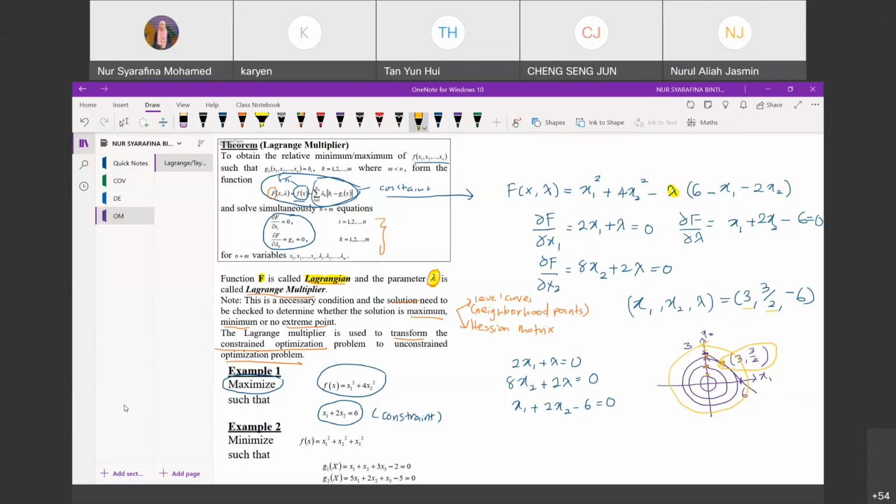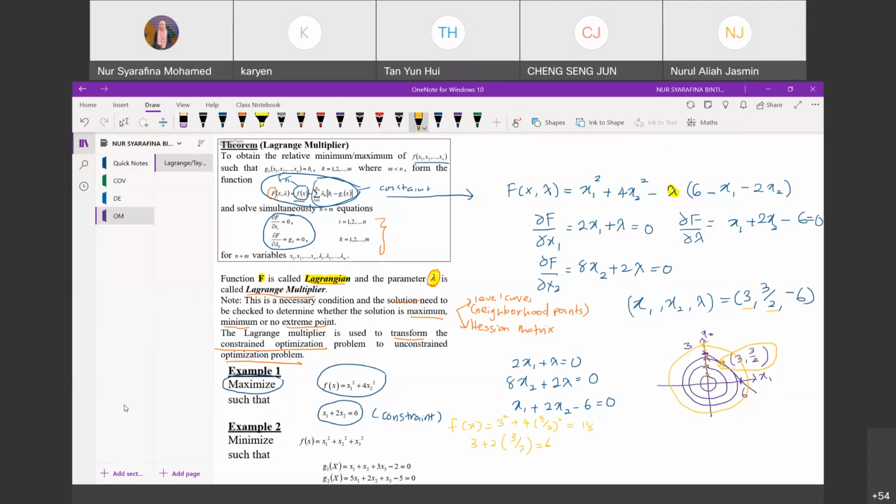If you substitute x1 is 3 plus 2 times 3 over 2, it equals 6. The constraint is fulfilled. That's why the point is on the constraint. Okay, and then if you substitute into f(x), we have 3 squared plus 4 times 3 over 2 squared, it becomes 18.